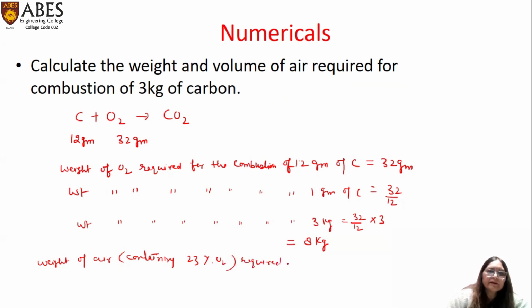Air required is 100 upon 23 into 8, and the answer is 38.78 kg.